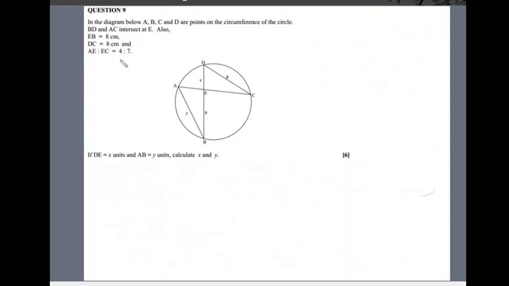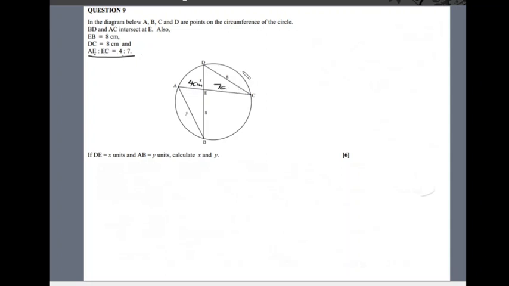Another thing I want to point out is that if you are given a ratio like this, say AE to EC is equal to 4:7, it does not imply that AE is equal to 4 centimeters and EC is equal to 7 centimeters.